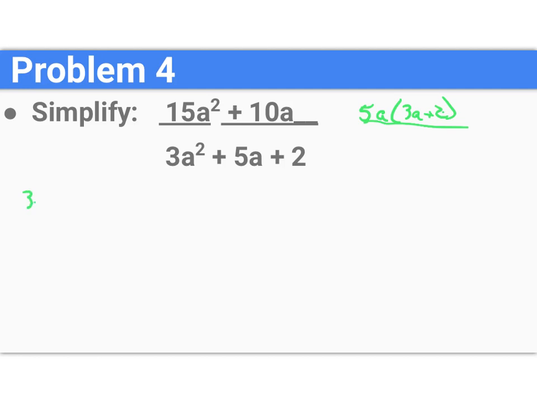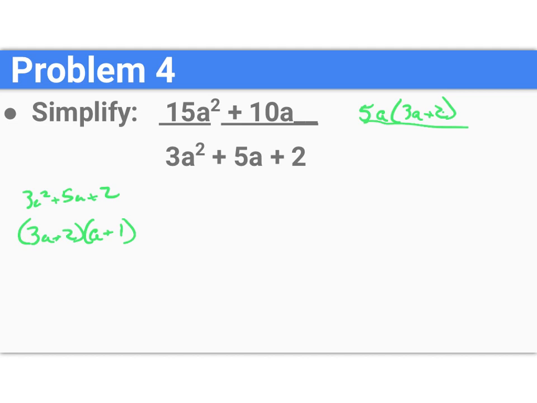So let's take 3a squared plus 5a plus 2. Let's try 3a plus 2 as one factor, and then a plus 1 as another factor. So you get 3a squared, on the inners 2a, 3a, 5a, 2. Yeah, that works. So sometimes when you factor the top, it will give you a hint about what to do with the bottom.